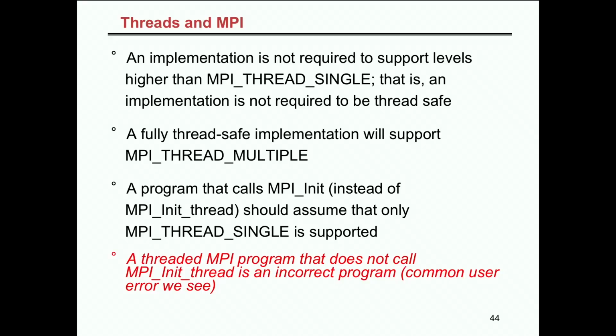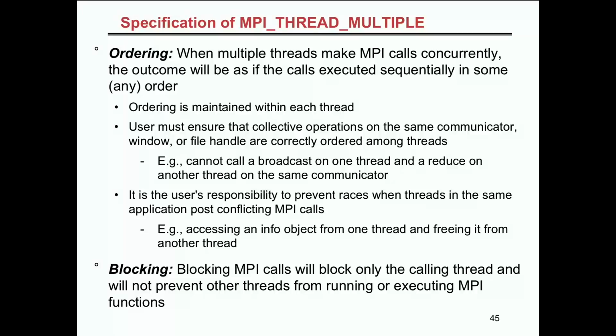The reality: everything I said is already included in these slides, or vice versa. The hard thing I want to spend some time on is MPI_THREAD_MULTIPLE. So what are the semantics? One of them is pretty much like OpenMP semantics. When multiple threads make MPI calls simultaneously, the outcome is as if they execute sequentially in some order. That kind of makes sense, right? So the operations are indivisible.